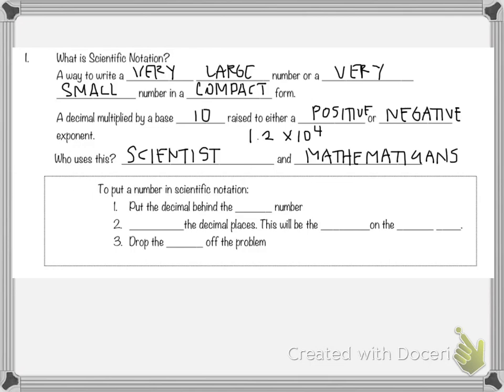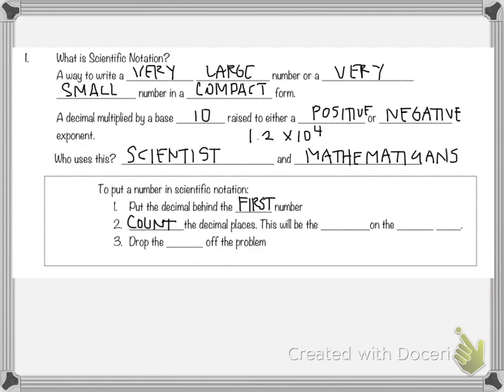Okay? Alright, so to put a number in scientific notation, you're going to be taking a very large number, which has a lot of zeros at the end of it, or a very small number, which would have a lot of zeros at the front of it. Okay, so you're going to put the decimal behind the first digit. Then you are going to count your decimal places.